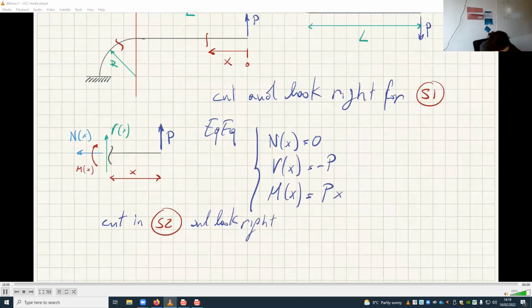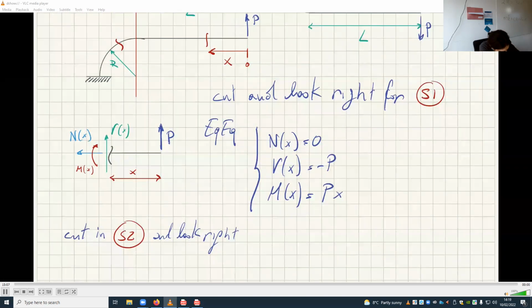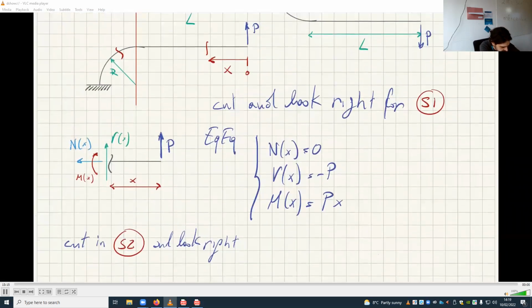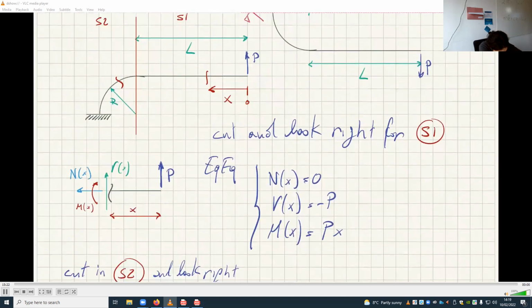I must look right, because if I look left, I need to find the reaction forces at the fixed support. If I look left, I have to draw this; if I look right, I have to draw everything here. But let's draw everything regardless. If I cut and look right, I get this thing. Actually, let me copy it.